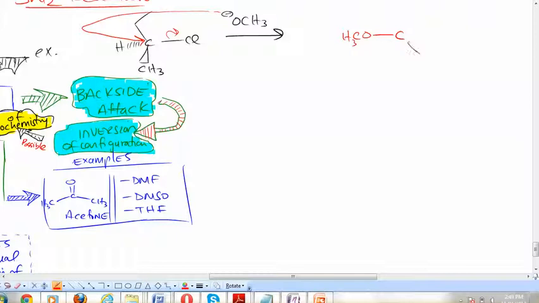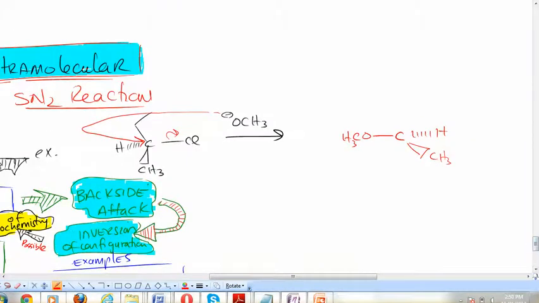So we will have this guy here, CH3. This guy here is going to be pushed this way, so he's going to be here, like that. You see that? Once this guy came in here, he pushed these two guys this way. That was the inversion of the configuration.